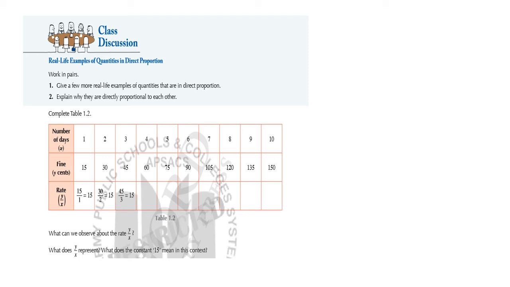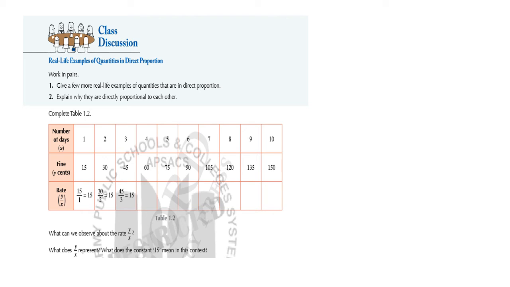Now on the next slide, the next page of the book, there is a class discussion. In this class discussion, the same example is repeated but in a different way. The number of days are there, the fines are there, and there is another third row which says rate, y by x. We have to find the rate.